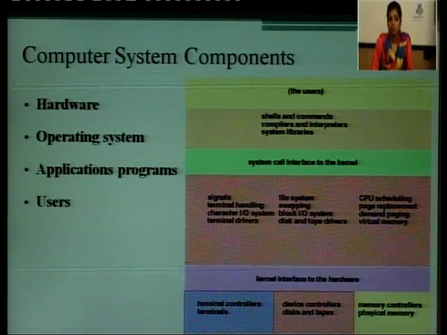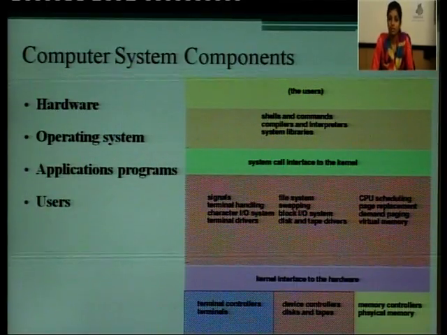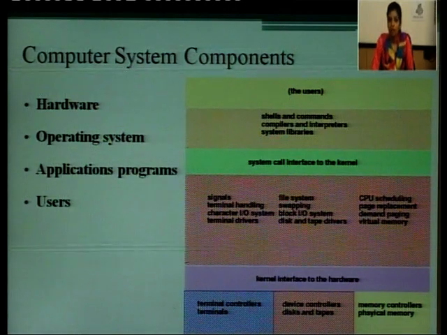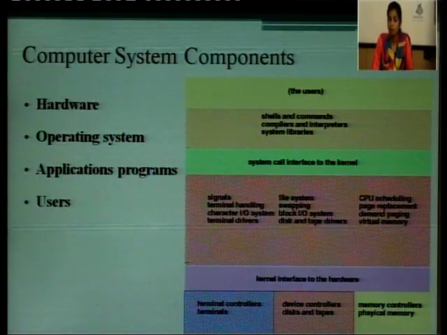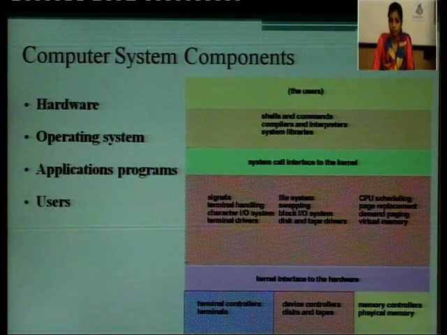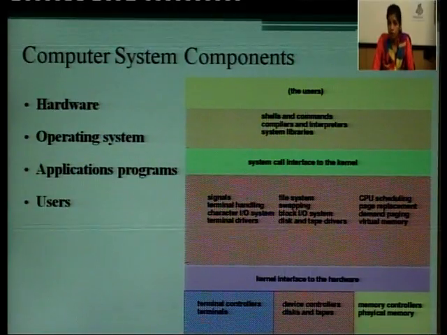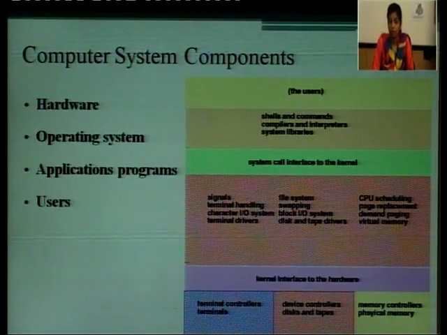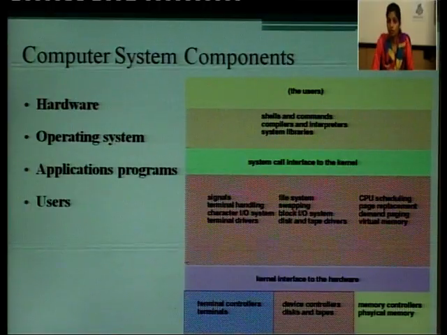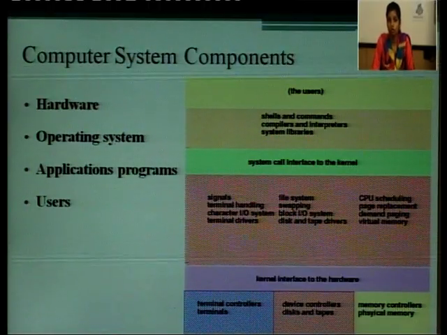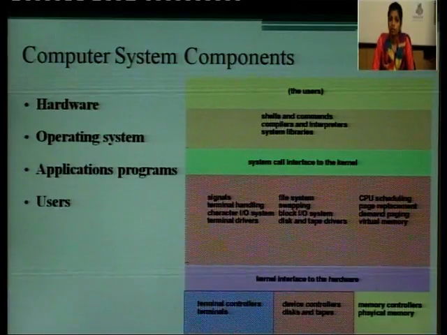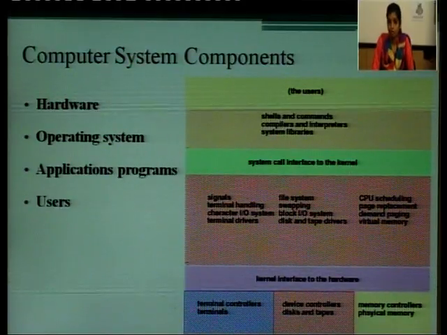That means the user directly interacts with the application program, and that application is handled by the operating system and passed to the hardware, because the user only understands the English language, whereas hardware understands the binary language, that means 0 and 1 form. So for interfacing, for this communication, we require a system. That system is an operating system.